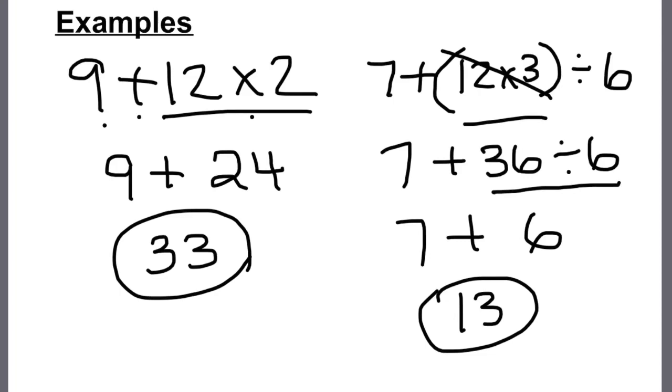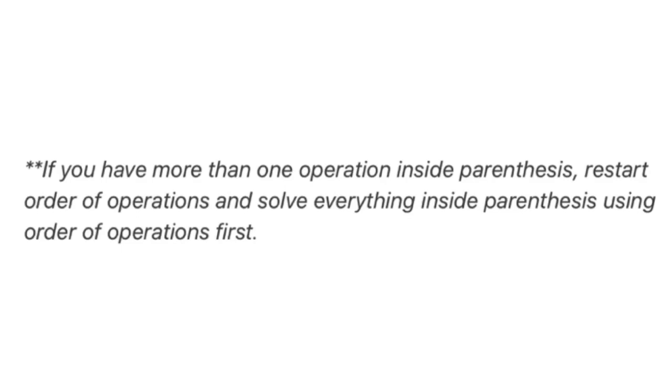It does tend to get a little tricky because sometimes you have more than one operation in parentheses. So in the last example that we did, we had multiplication only in parentheses. But what if we had multiplication and addition? When you go inside parentheses, you restart your order of operations and solve everything in parentheses using your order of operations first.